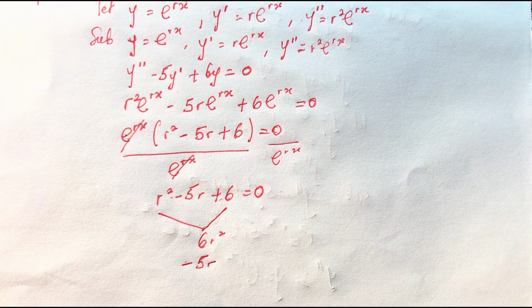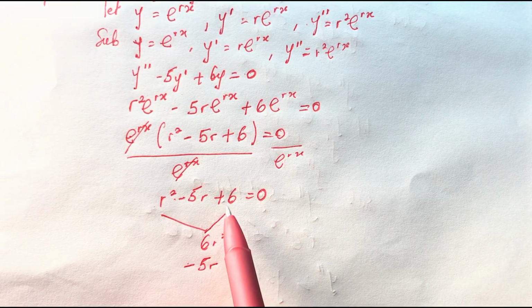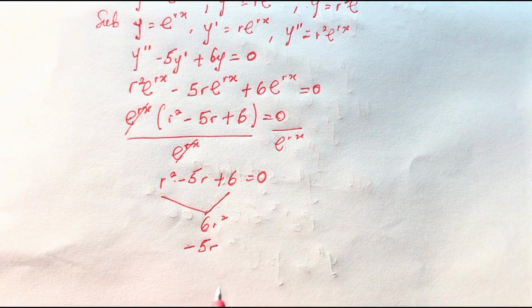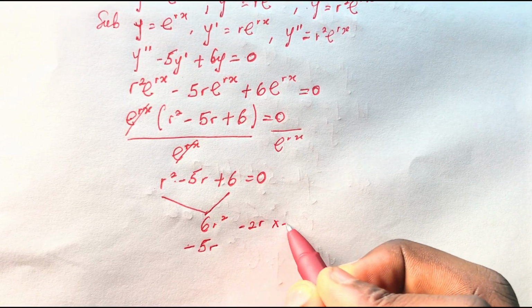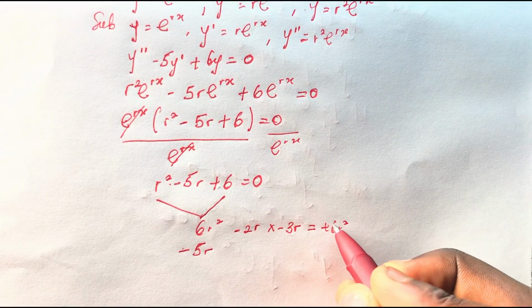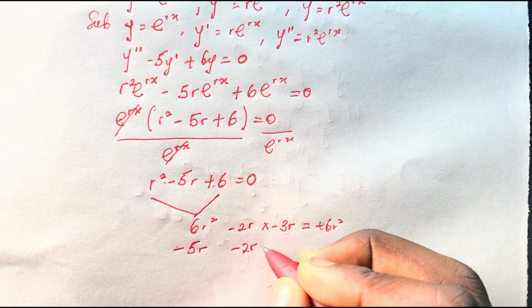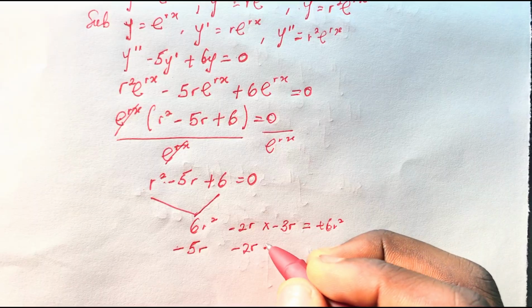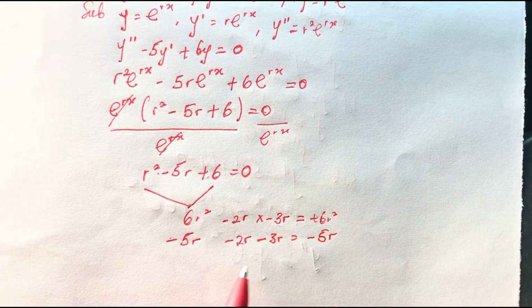We have to find two factors whose product gives 6r squared, and which add to give negative 5r. If I think, negative 2r multiplied by negative 3r gives a positive 6r squared, and negative 2r minus 3r gives negative 5r. So the two factors are 2 and 3.